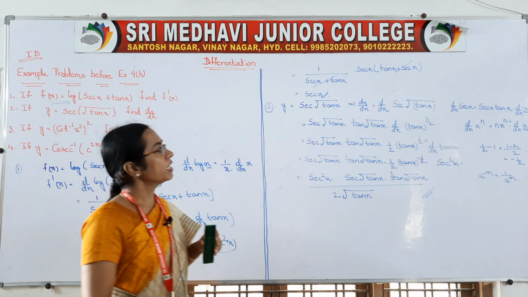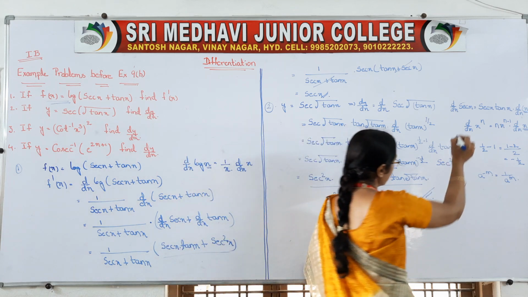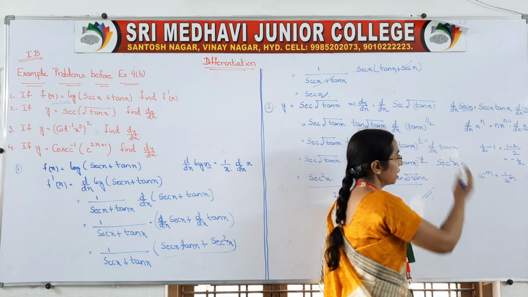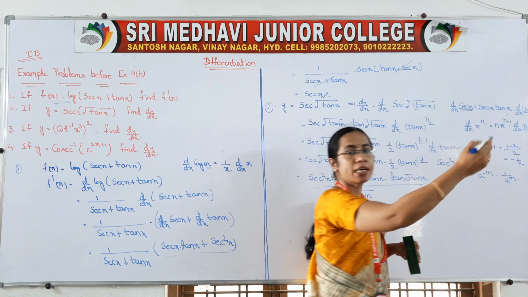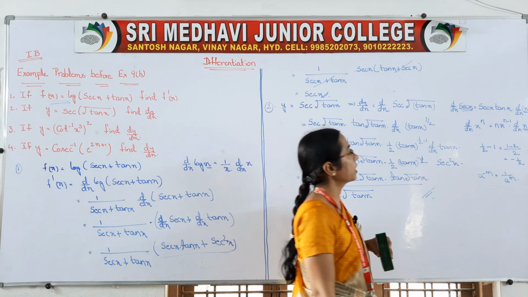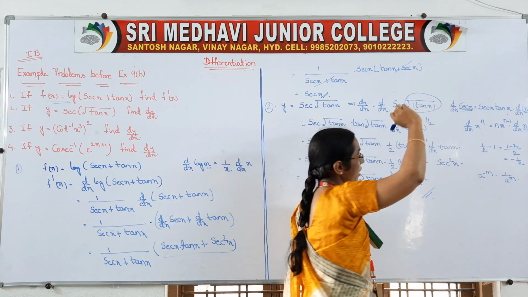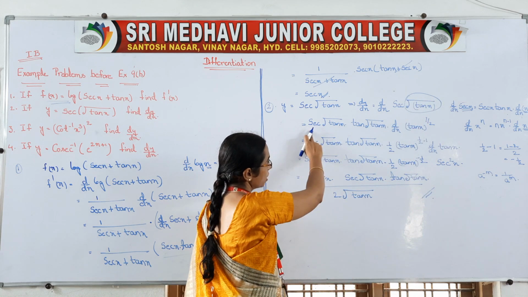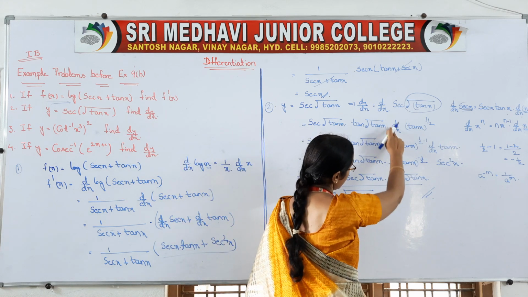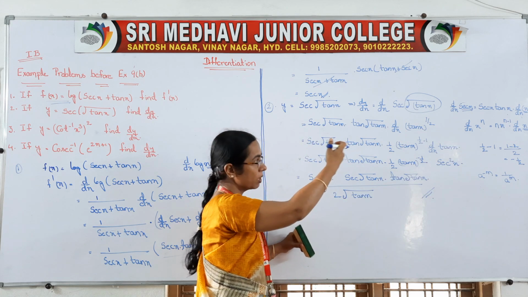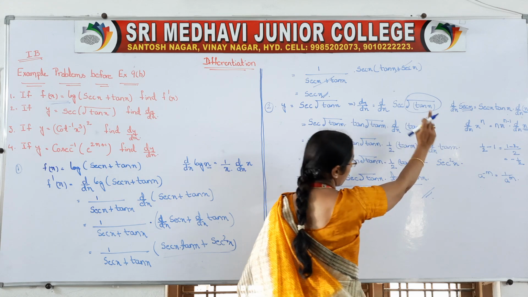So very simple, actually we applied the formula d by dx of secant of any variable is equal to secant of the variable into tan of the variable into d by dx of that variable. Here in the variable place we have root of tan x, so we took tan x to the power of 1 by 2.